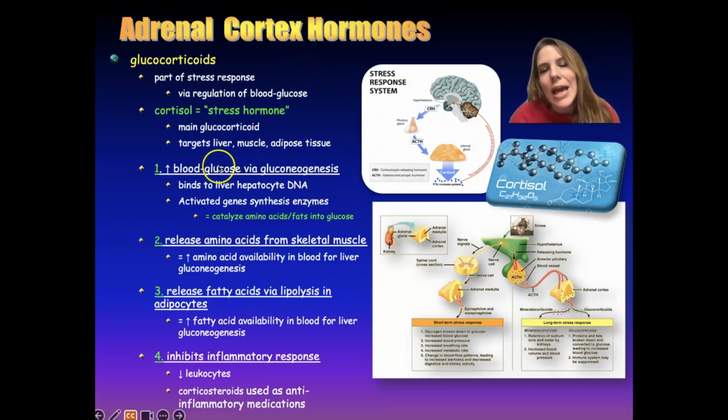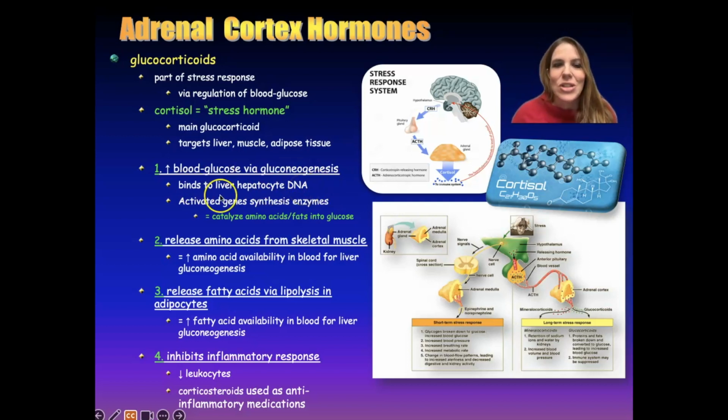The way that cortisol is going to do this is, being a steroid hormone, it's going to pass through the plasma membranes of these hepatocytes, these liver cells, and eventually meet up with receptors inside the cell that are going to form that little complex we talked about and bind to certain parts of the DNA of the hepatocyte.